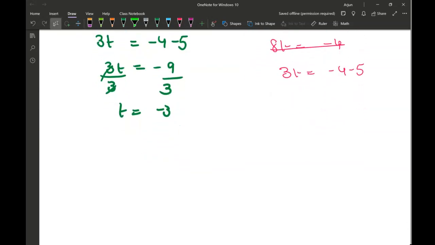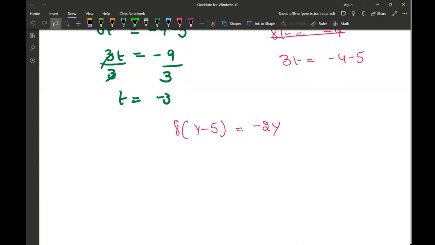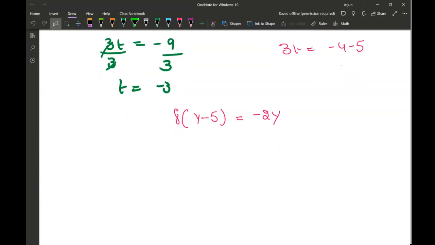Now let's look into another question. 8y minus 5 equal to minus 2y. Now there are two y's. Again, I'll apply the concept of like terms. So first of all, multiply these two and these two. Distributive law: 8y minus 40 equal to minus 2y.